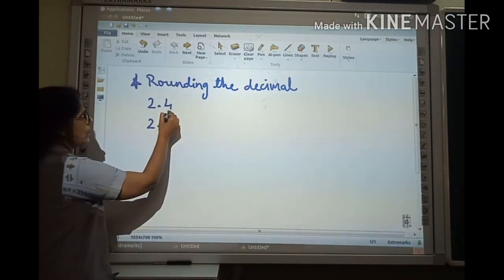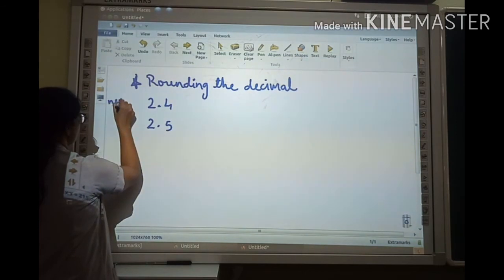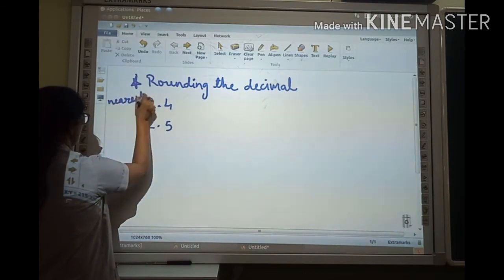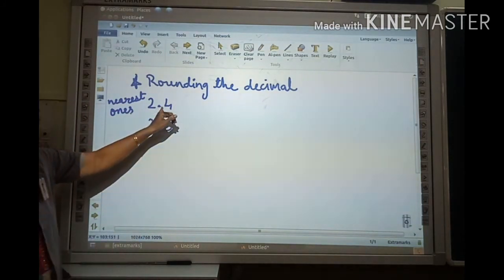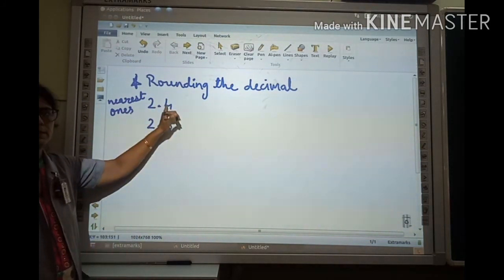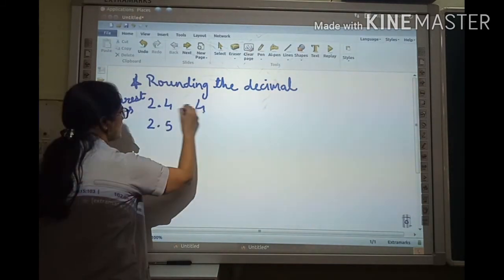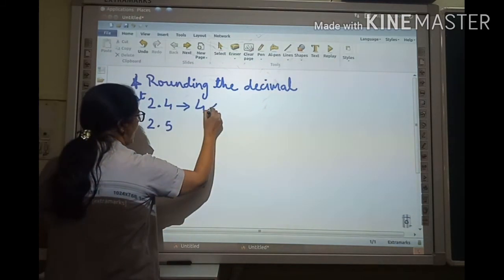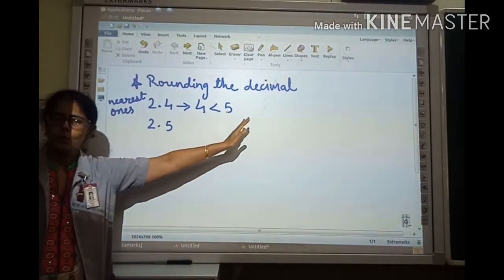I have to round this number to the nearest ones, right? So I have to check the last digit, right? The last digit is 4, and 4 is less than 5. So what is our rule? The number should be equal to or greater than 5.